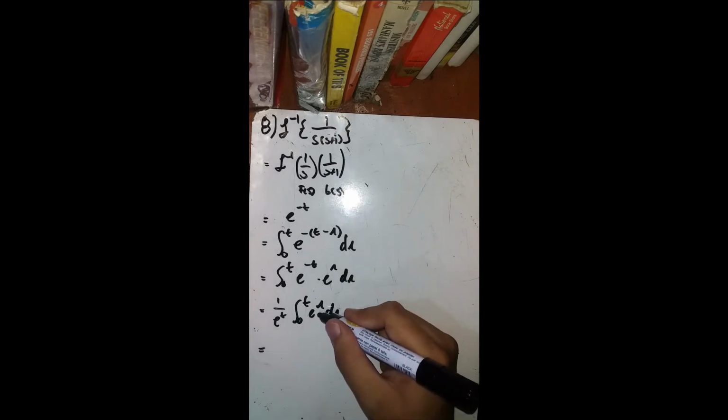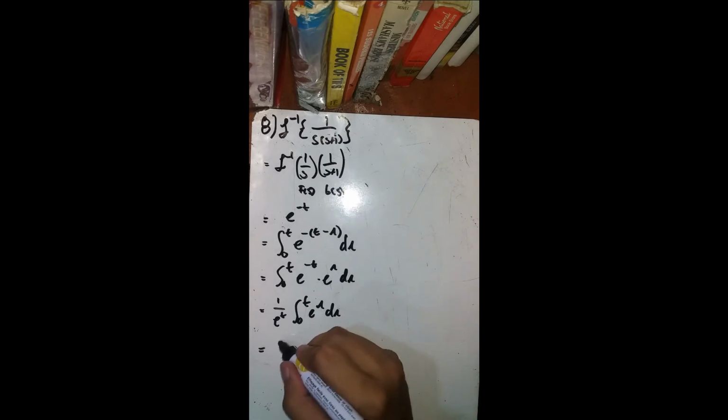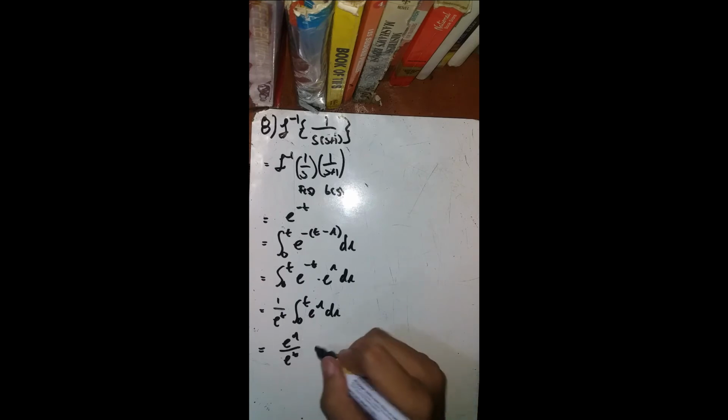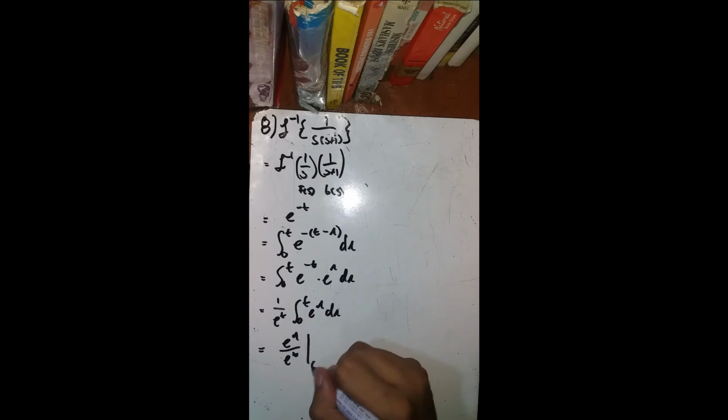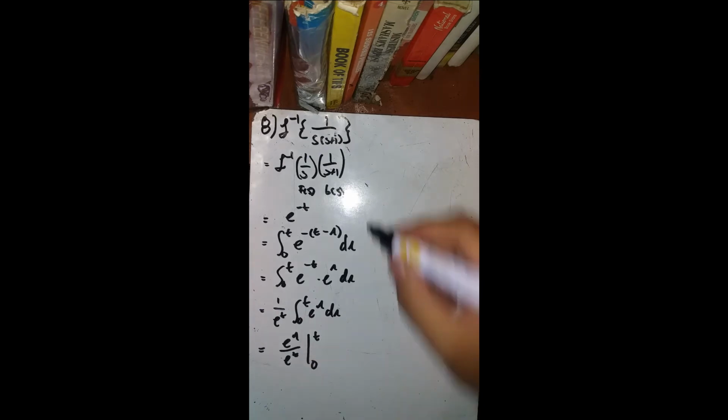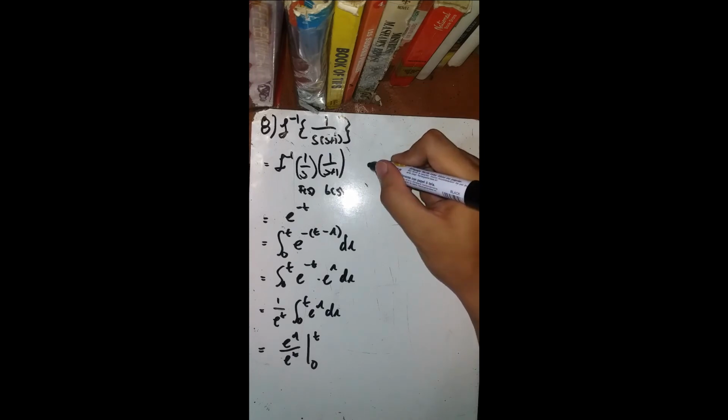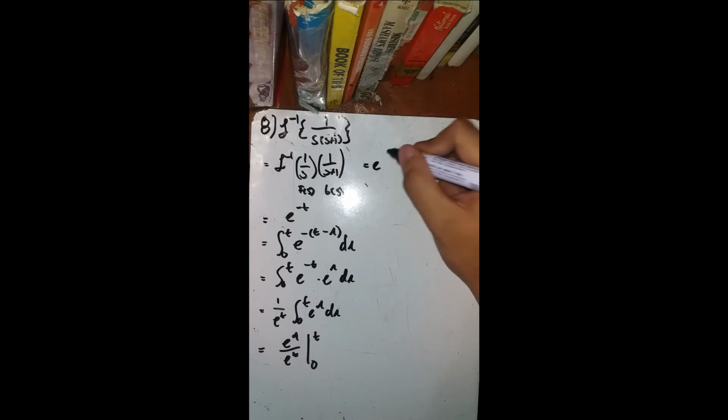So the integral of this is just e raised to lambda, all over e raised to t, from 0 to t. So let's bring the e raised to t up. So you have equals e raised to (lambda minus t) from 0 to t.